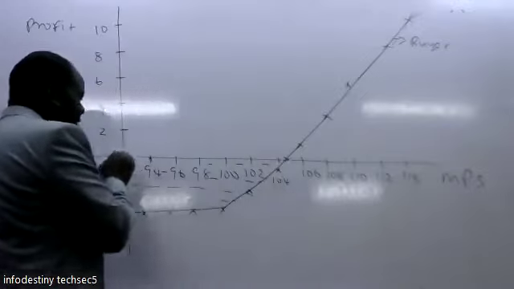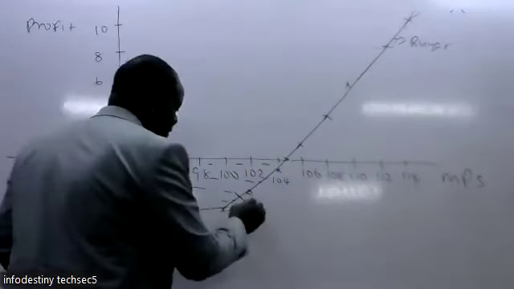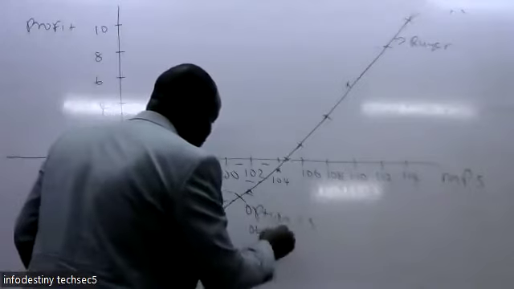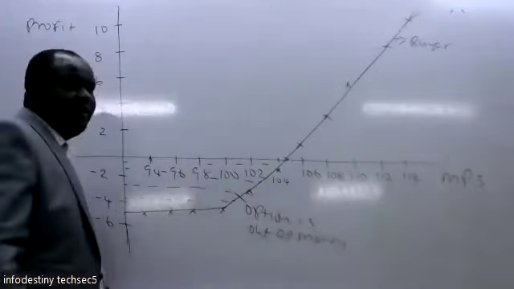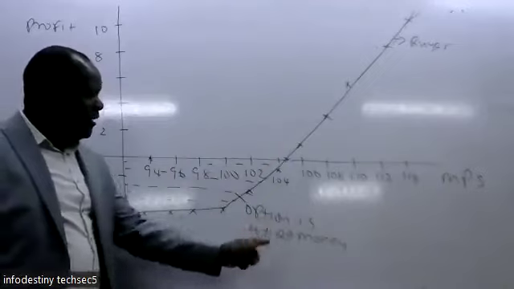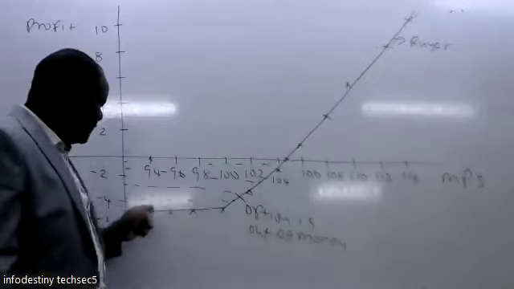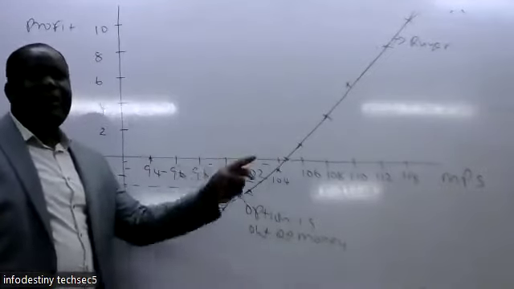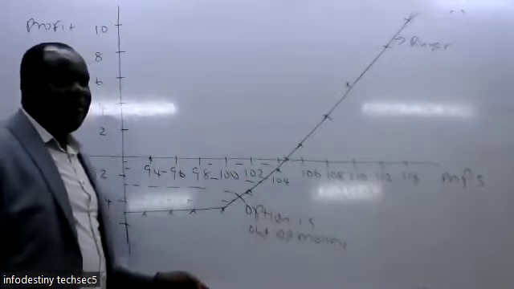So this level, the option is out of the money because you are making a loss. All this part is the region for the loss. When you are making a loss, it is out of the money.